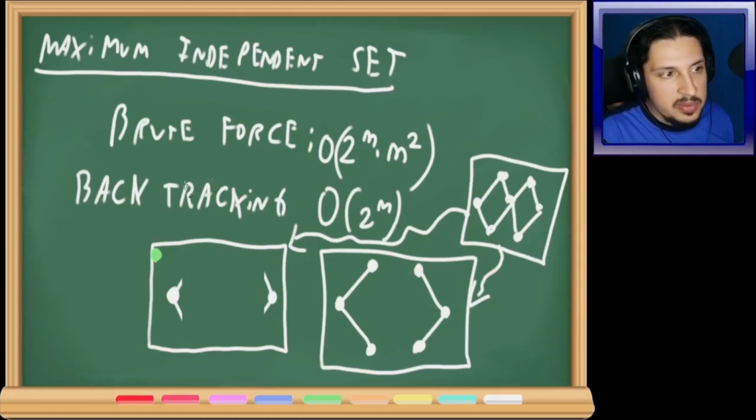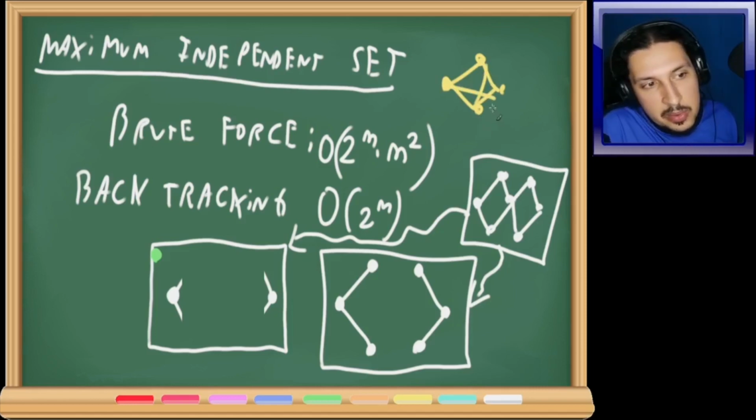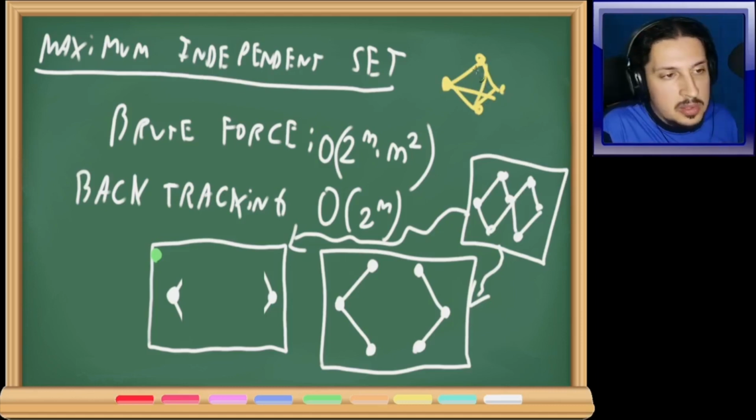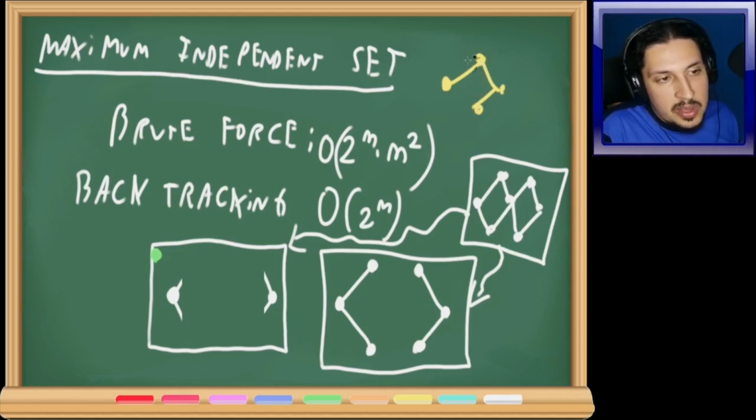If we have, for example, to take it to an extreme, a complete graph, everybody connects to everybody, then the algorithm would end in just n steps. Because if we use a vertex, then that prohibits using any other vertex. And so the backtracking tree would look like this.